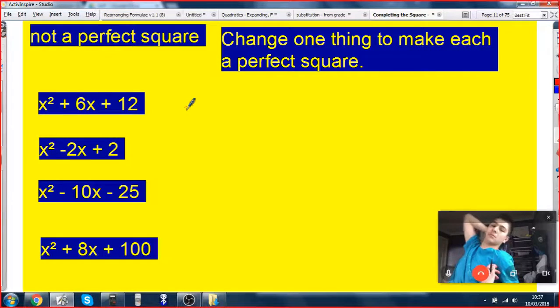And so what would C have to be? Would it be x squared plus 6x plus 9? Correct. Yeah. That'd be a 9. How about the next one? Actually, how about the last one?